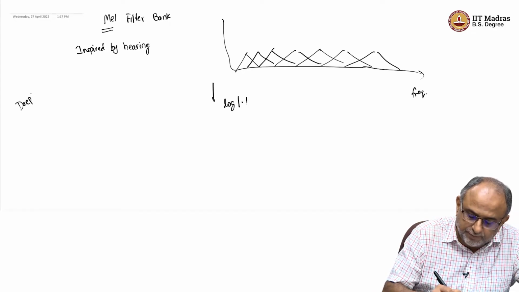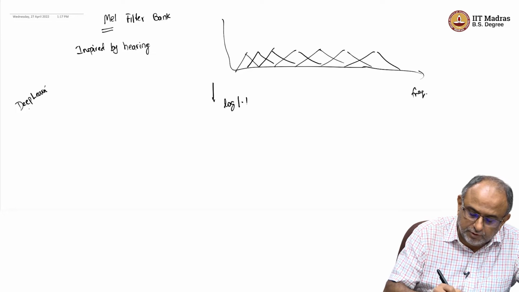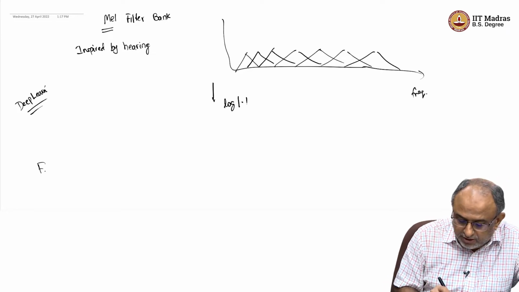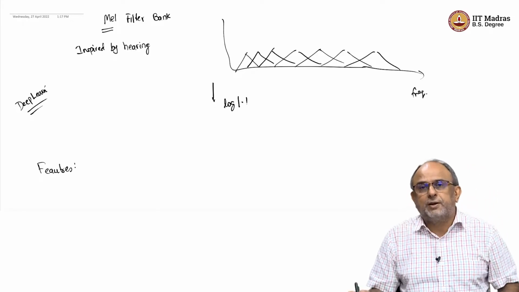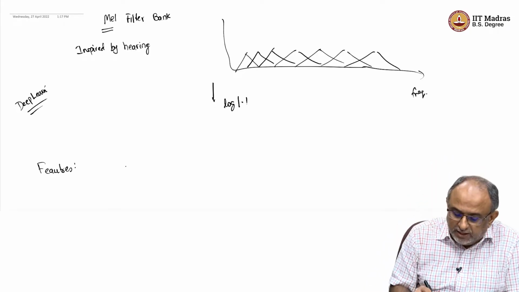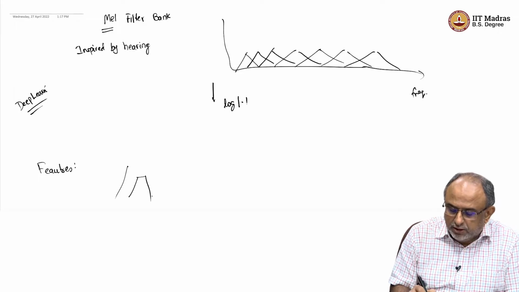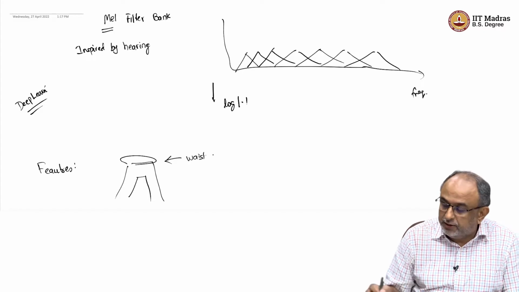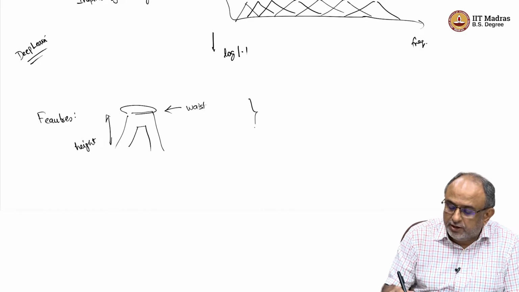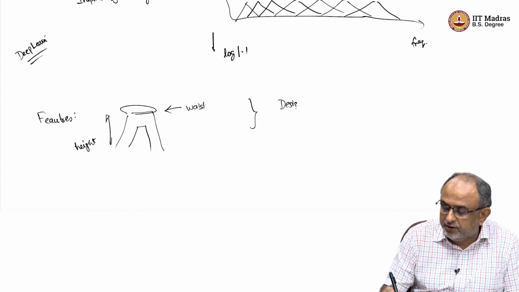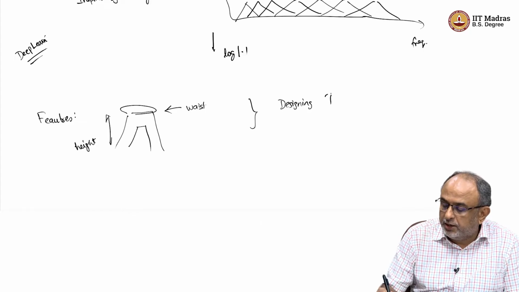What are features? These are what we call features: what is relevant for a particular problem. Suppose I am designing a trouser, right? This is my trouser. So the waist size is there, right? And then the height is there, right? When I am designing a trouser, what do I need?